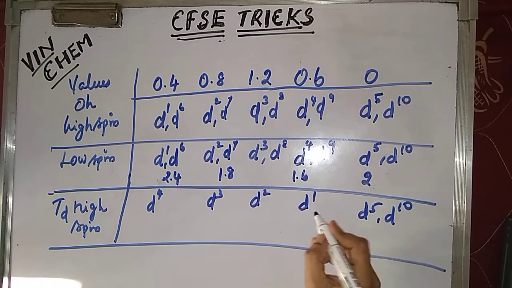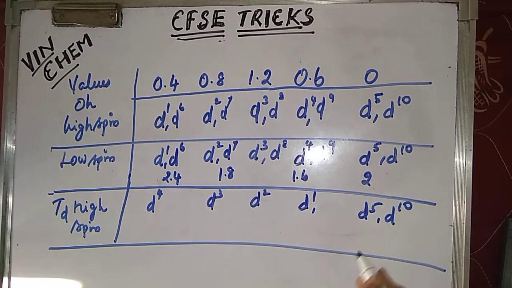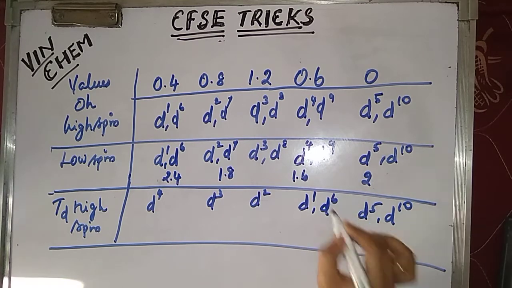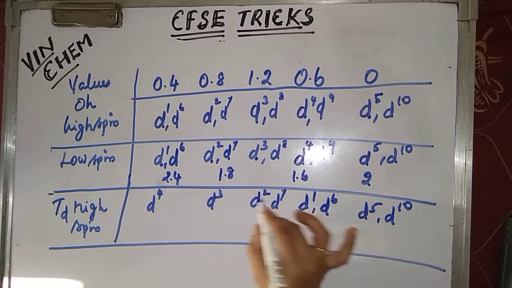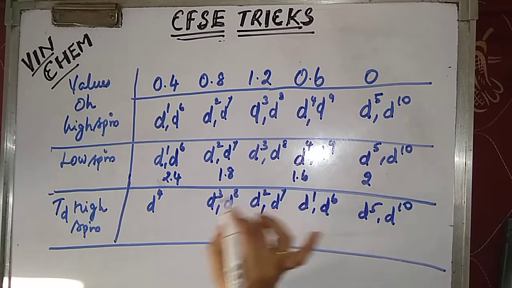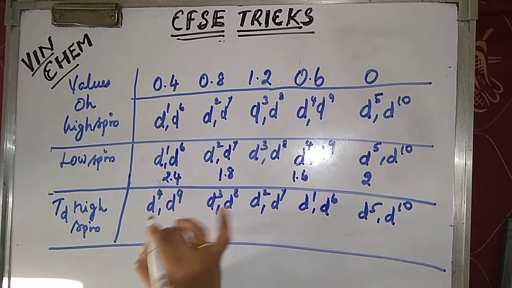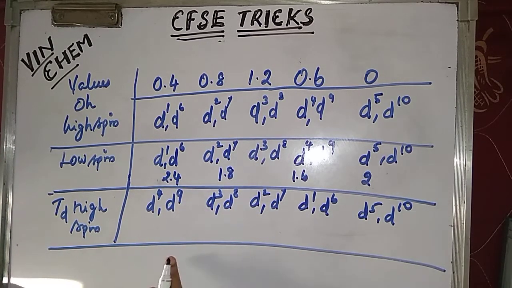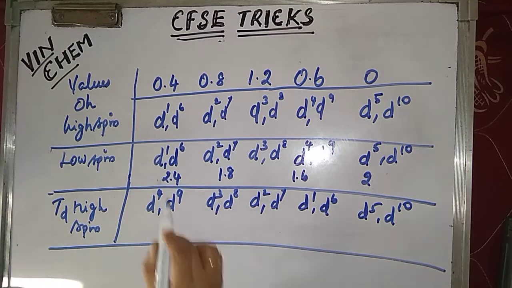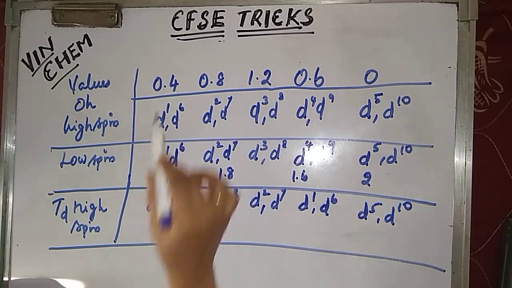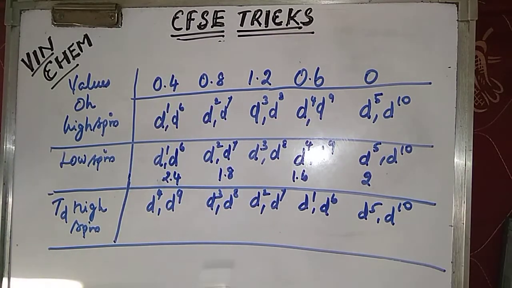And again 5 is there, and 6. Wherever the 1 is there, you have to start d6, then 2, 7; 3, 8; 4, 9. This is the value for d4 and d9, d1 and d6, for octahedral complex and tetrahedral complex.